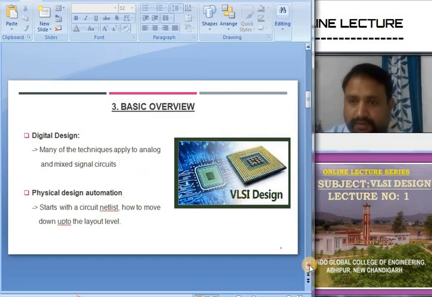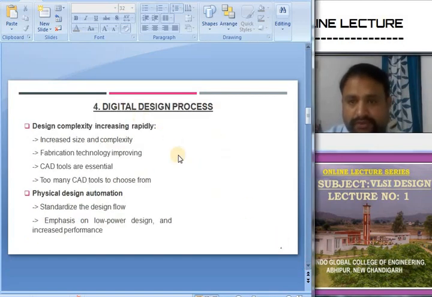So as you see in the slide, you all must be knowing that complexity of circuits has been increasing very rapidly over the years, primarily because of improvement in semiconductor and fabrication technologies.